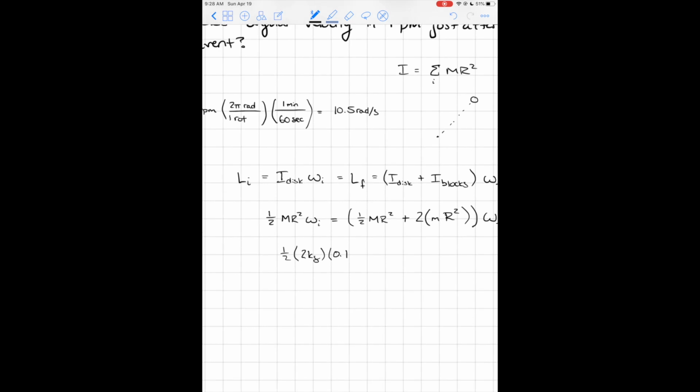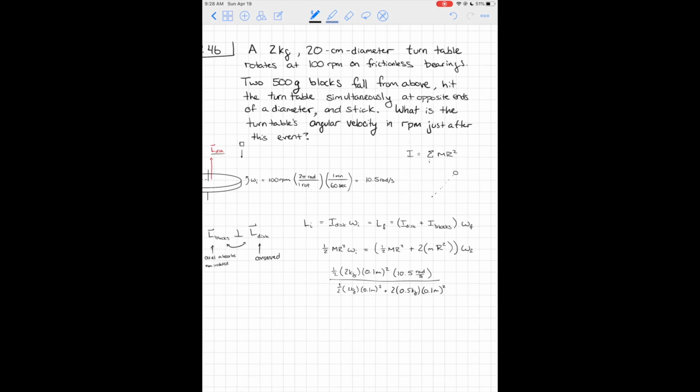Yep, 20 centimeter diameter, so 0.1 meter squared times 10.5 radians per second, all over 1/2 times 2 kilograms times 0.1 meters squared plus 2 times 0.5 kilograms times my r squared, which is still 0.1 meters squared. And that should give me my omega f.